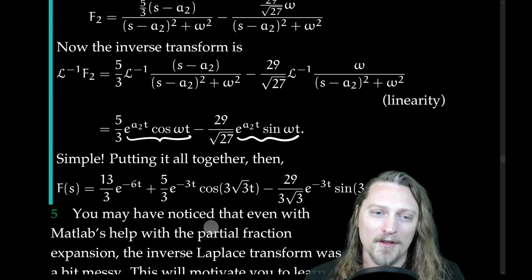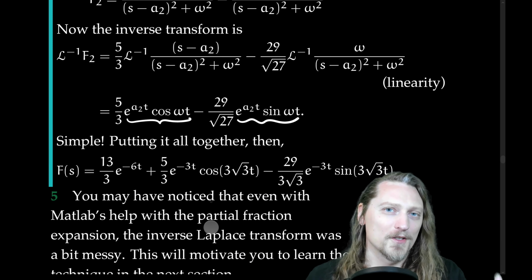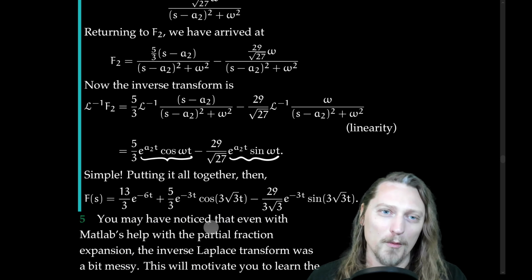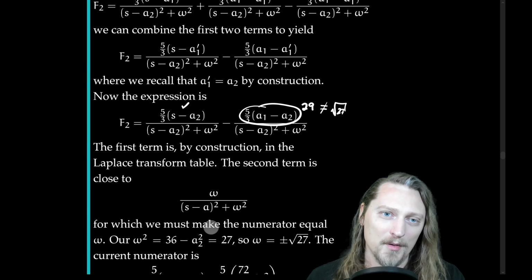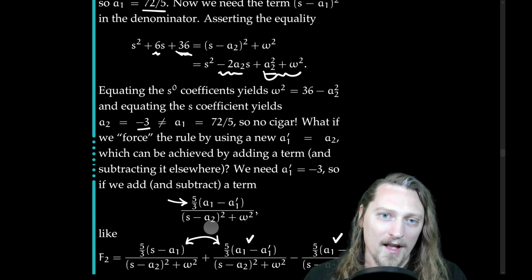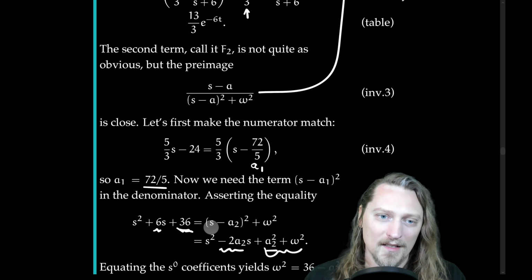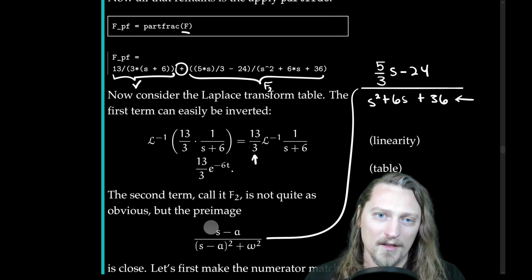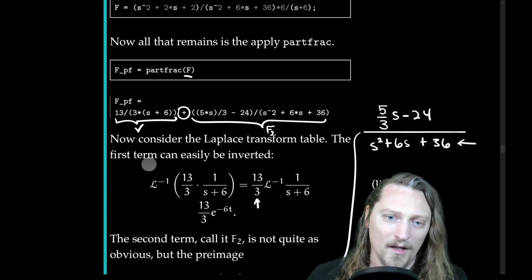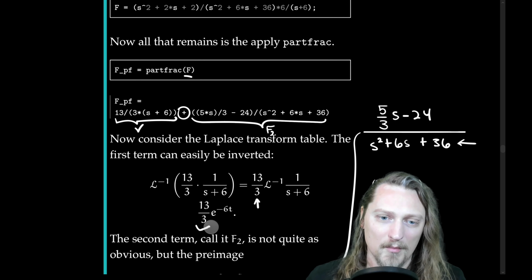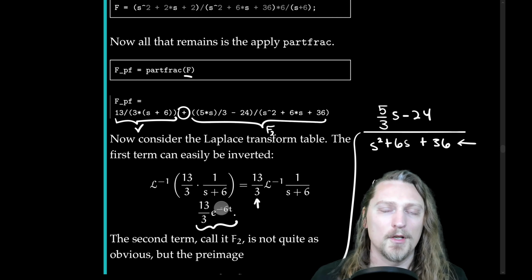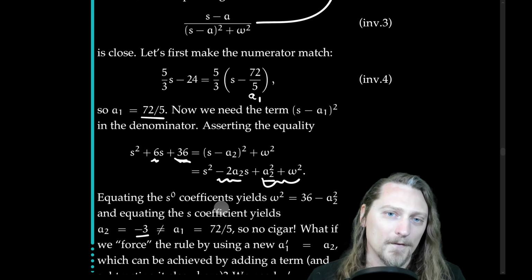Putting it all together then, so we also had that first term that we had way up here that was relatively easy to deal with, and that was this guy. So we have to combine this with our F2 solution. So we do that.